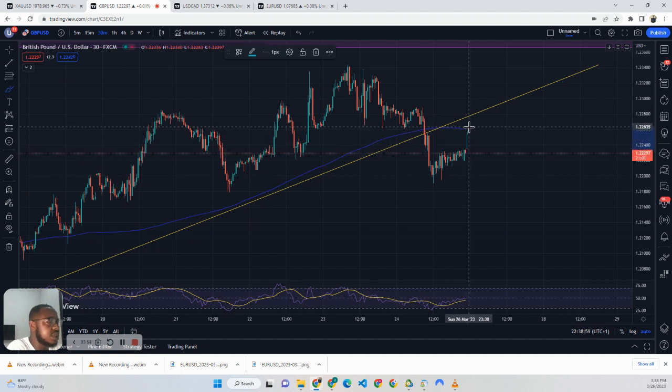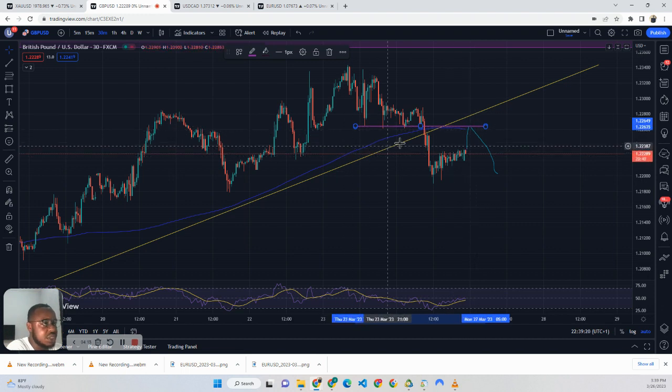I'm expecting this guy to at least get to here, which is this zone, before it starts selling down. Even if it does not get to the trend line it broke out of, at least it should get to this zone, which, looking at the 200 MA, is a resistance for the 200 MA on the 30 minutes time frame. So there's a possibility of it respecting the 200 MA or this zone before it starts selling down.